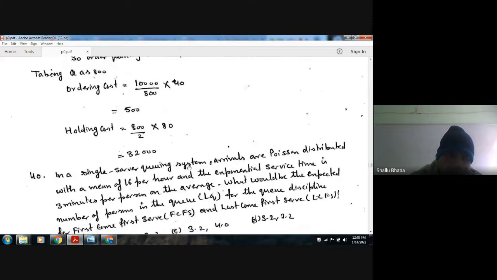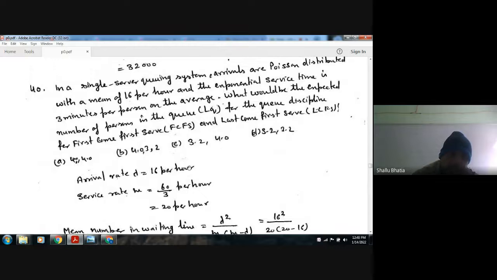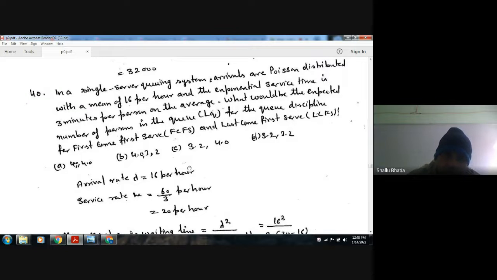Next, a single server queuing system: arrivals are Poisson distributed with a mean of 16 per hour, and the exponential service time is 3 minutes per person on average.